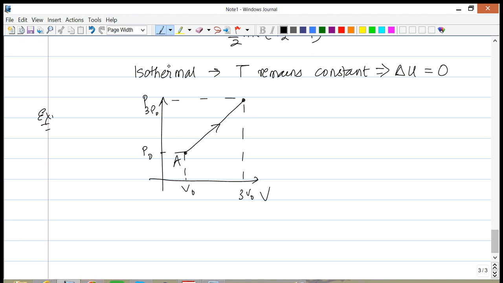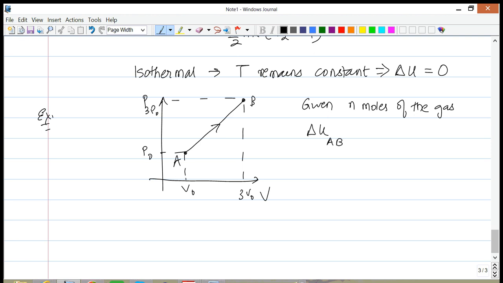And we can ask for this process A to B, what is the change in the internal energy? And let's assume that you're given n moles of the gas. Right. So let's see how to figure this out.